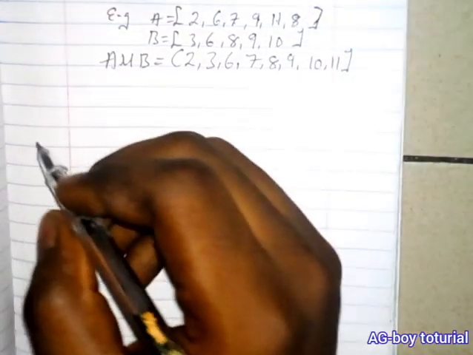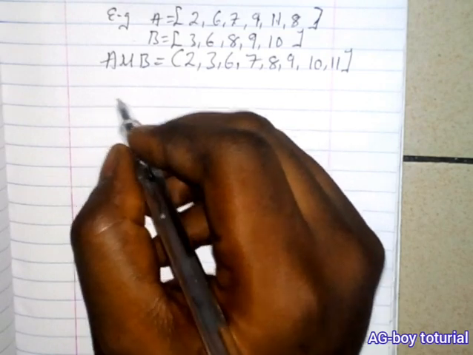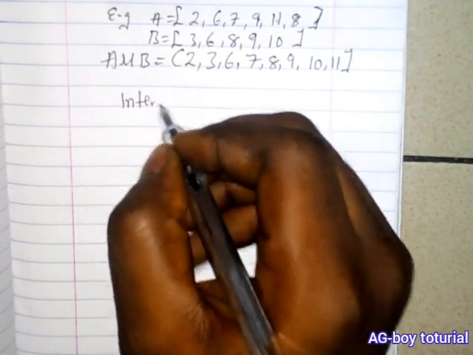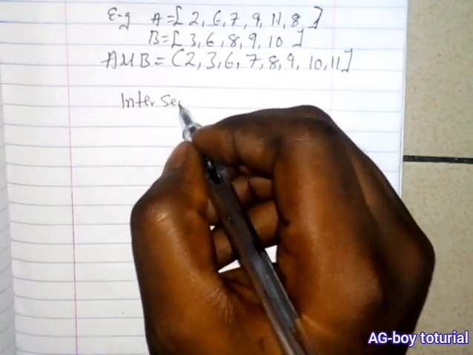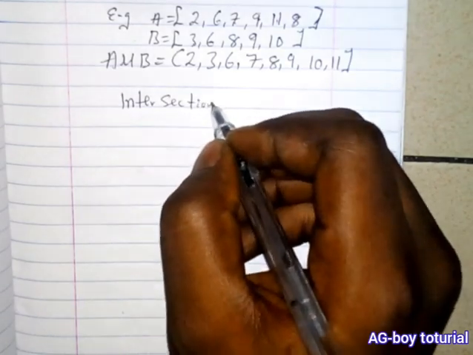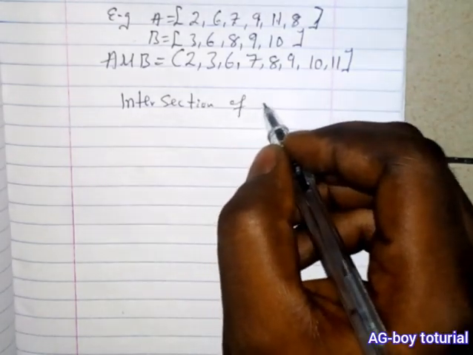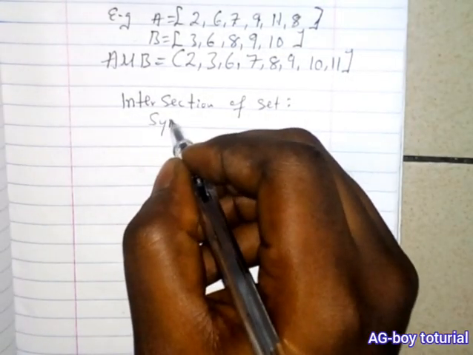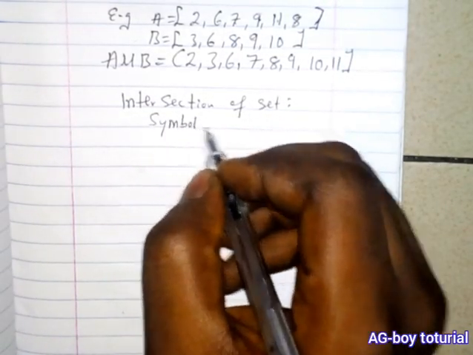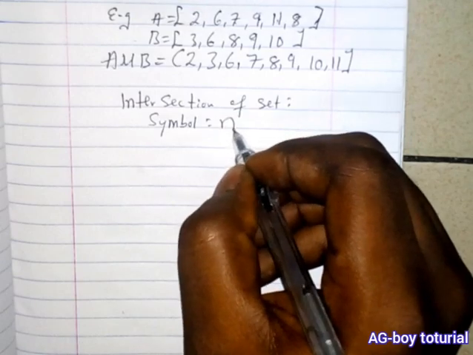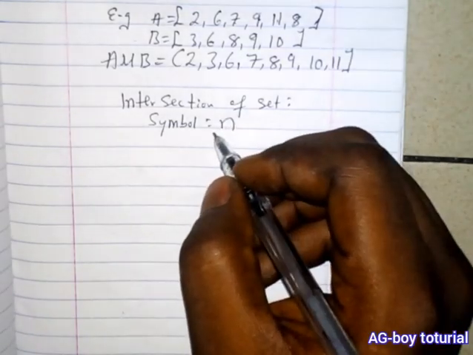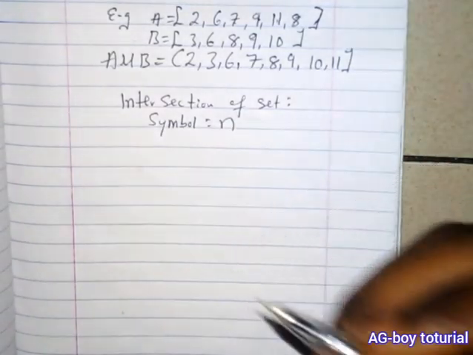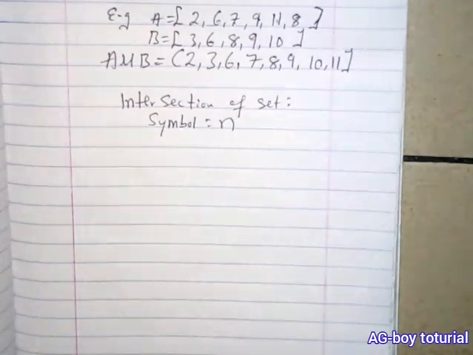Now the next one we are going to is the intersection of sets, and it has a symbol, a big n, which is not like the n for the cardinality.